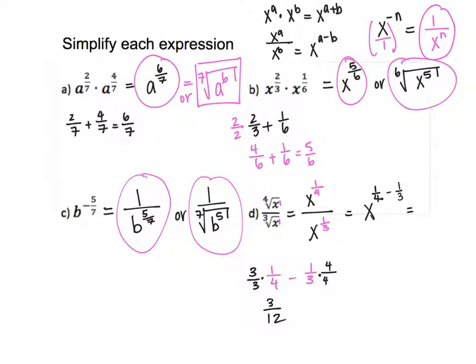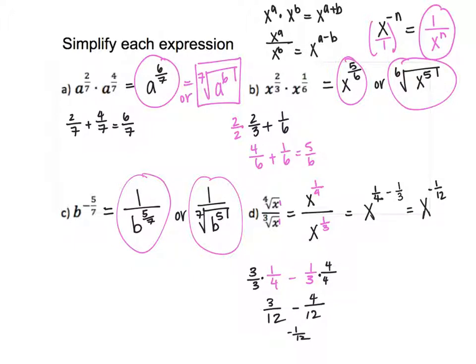And then 1 times 4 gives me 4. 3 times 4 gives me 12. If I subtract, I get negative 1 over 12. So looking at this, that's my new exponent. So this is x to the negative 1/12.